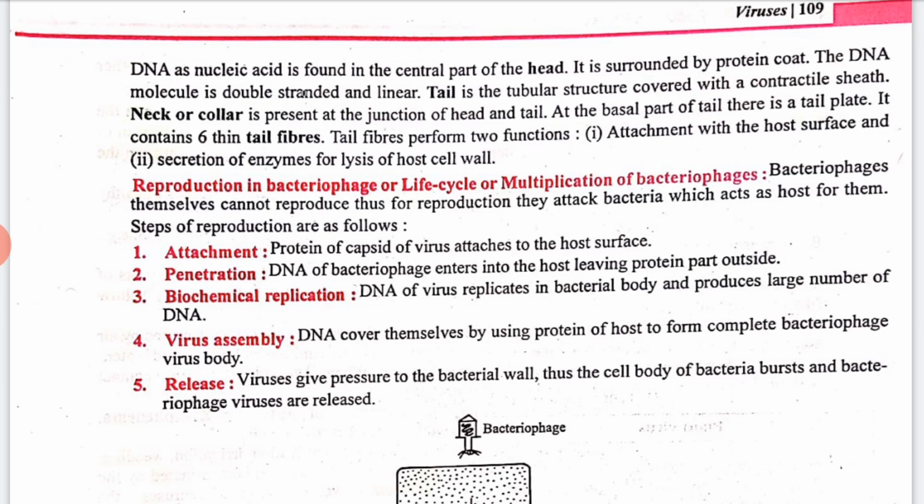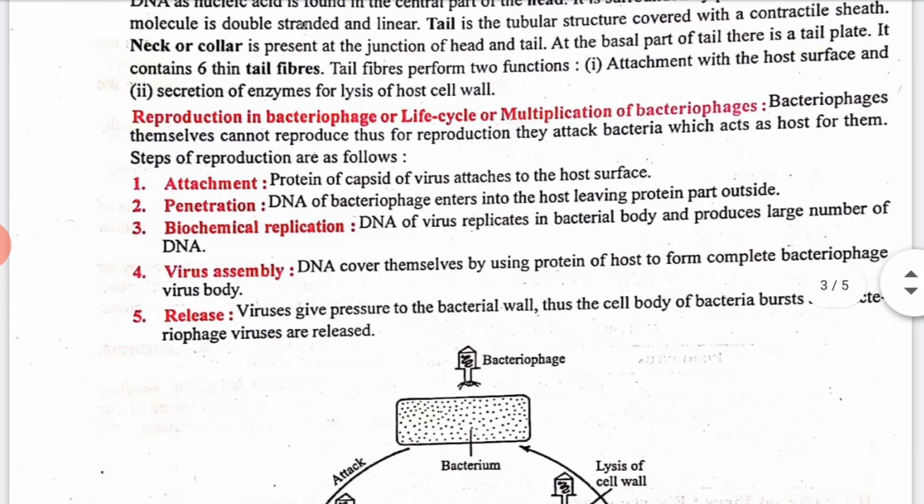Clear? Now next we have biochemical replication. In this, the DNA of the virus replicates in the bacteria's body and produces a large number of DNA. Next we have virus assembly. Virus assembly means the DNA covers itself using protein of the host to form a complete bacteriophage virus body.